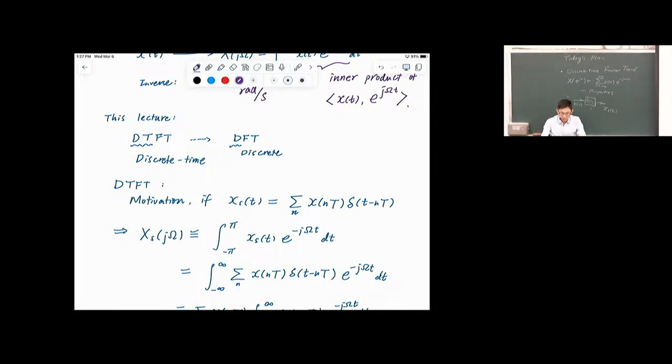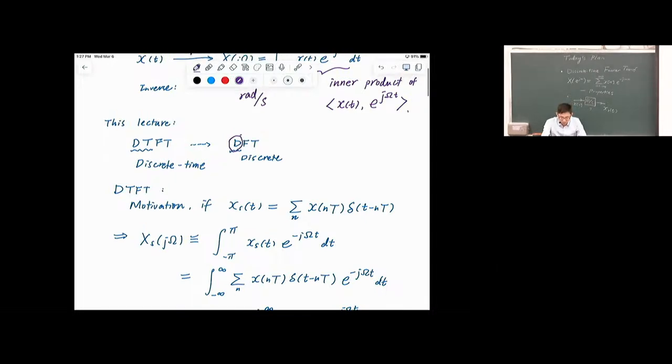So in DFT, the adjective discrete is describing the Fourier transform, emphasizing that it's discrete in the frequency domain. That's the difference.